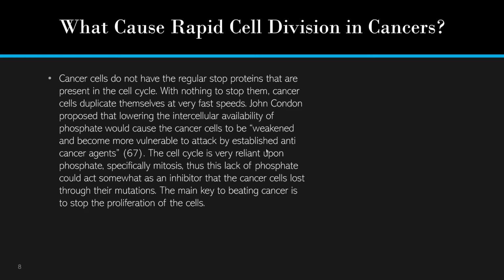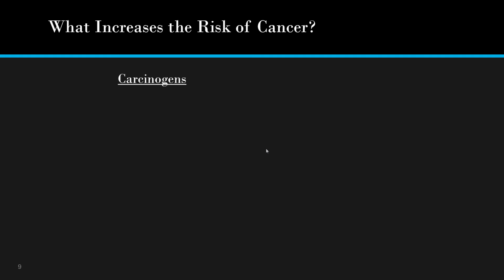And this is based upon his study finding that, well, research previously found that phosphate has a very big role in the cell cycle, specifically mitosis. And therefore, having a lack of phosphate would inhibit the cancer cells and cause them to be weakened and more vulnerable to attack by the cancer agents.